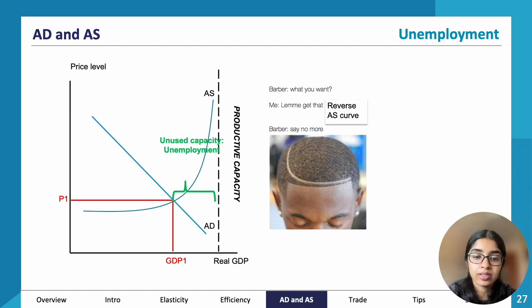There is a point where the demand and supply meet, so that's where we've got the price level and the GDP that determines how much we're producing. Everywhere from there to our productive capacity, shown by our dotted line, is spare capacity. That's all our resources that we're not really using. We're inside our productive capacity because we're not using all our resources, and that's where unemployment comes from. It's just spare resources that are not being used.